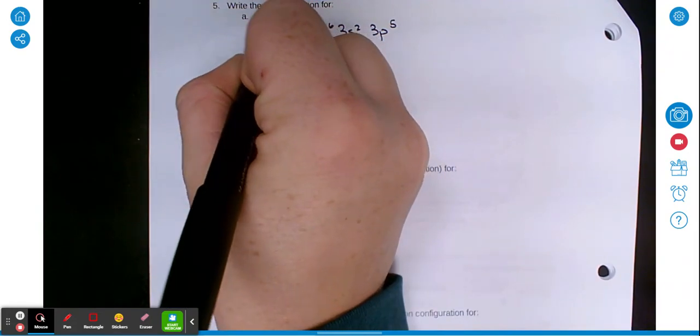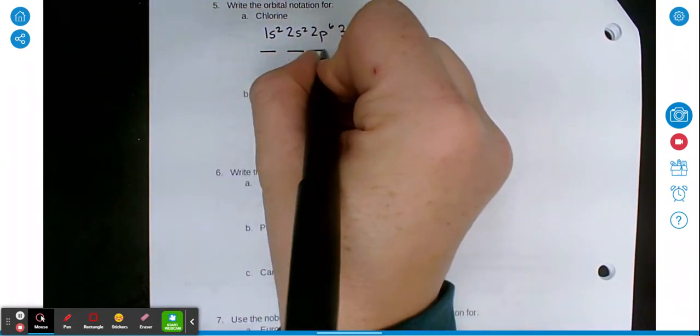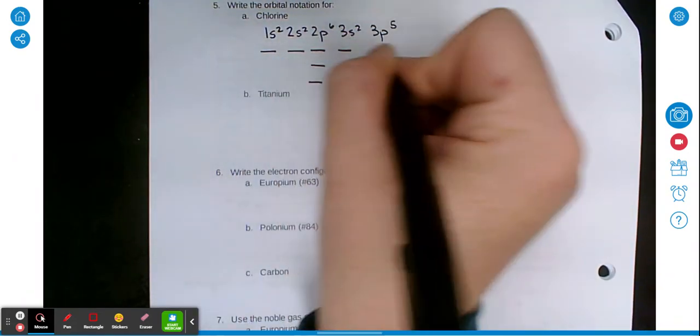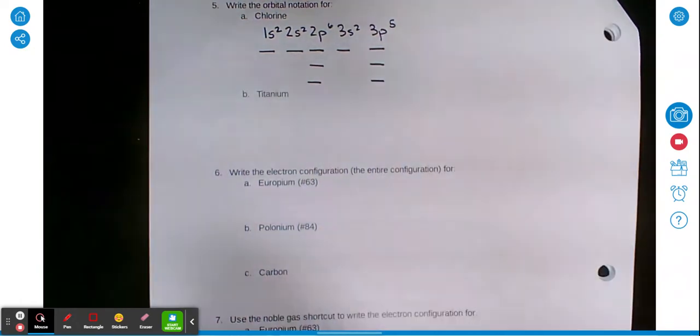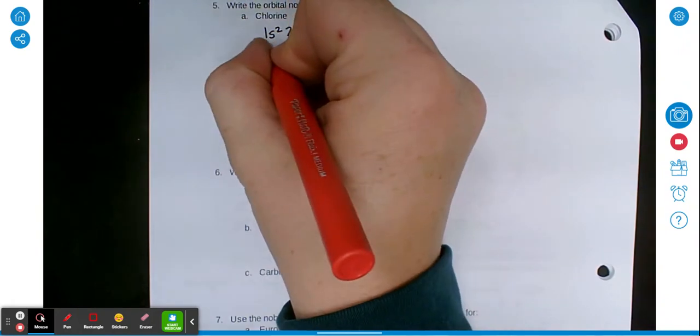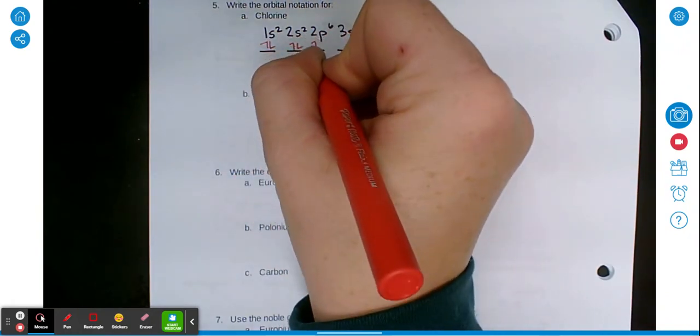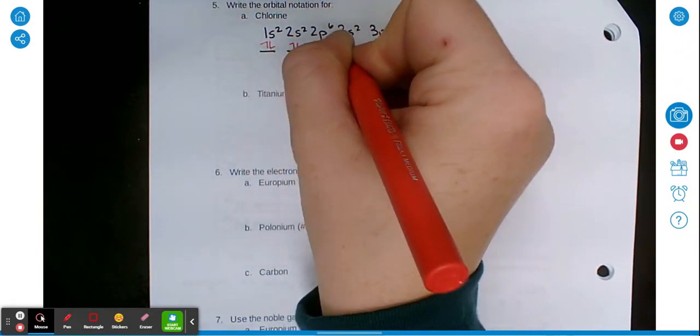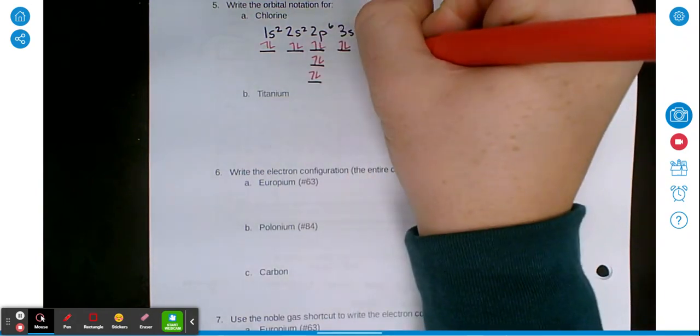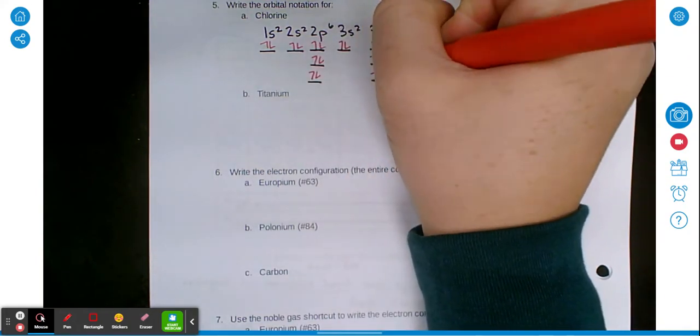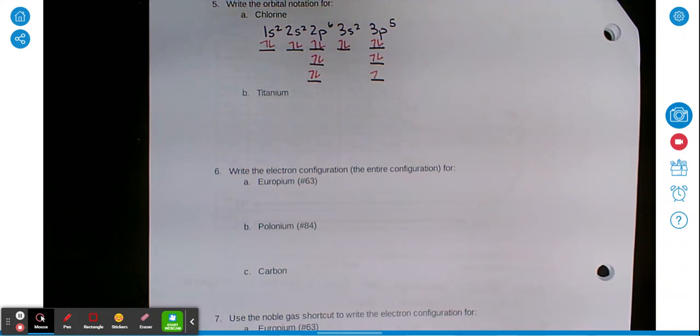S shapes get 1 orbital, P shapes get 3. 2 electrons, 6 electrons, and then 5. So 1, 2, 3, 4, 5, and I'm going to have 1 unpaired spinning by itself.